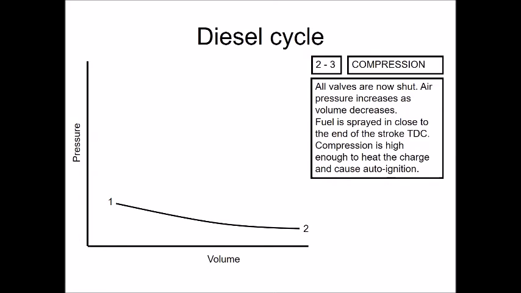It does a couple of funny things, which we'll see later relating to direct injection. Things cool down a little bit because the fuel needs a little bit of energy to evaporate, so it takes the energy from the air. That's not really relevant. So let's watch the pressure increase.